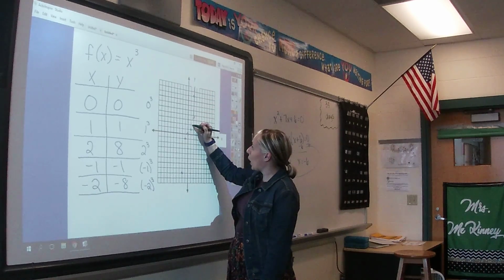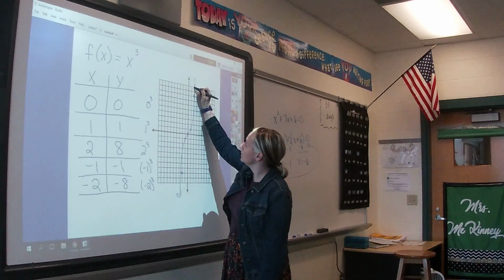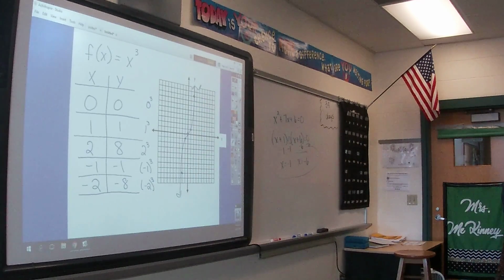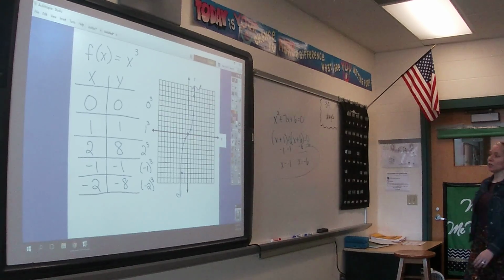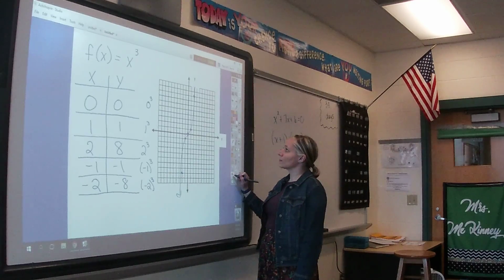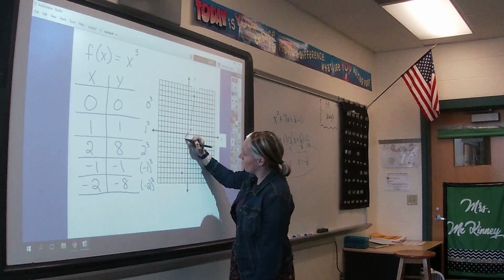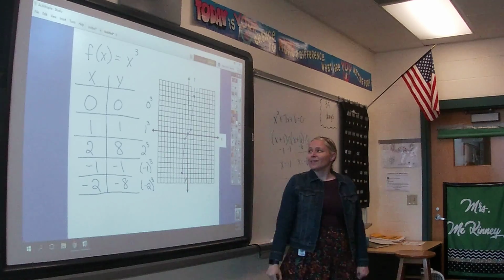I mean, your line might not be perfect, but you can get a general idea of what that is. The rule that I usually tell my students is don't make anything with a corner. Don't make anything a sharp turn. Right? We're not doing this. Okay?